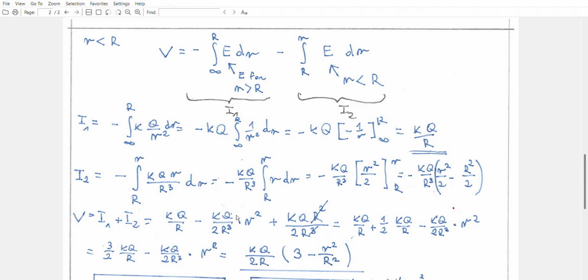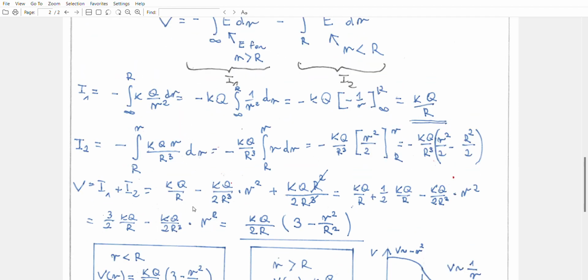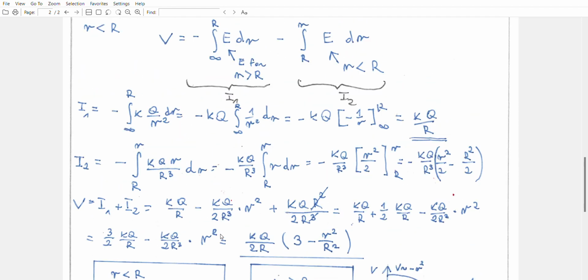And after summing up, you can find that the first term is much simpler, because capital R will cancel out here, and you end up with such an equation: kQ by R plus half of the same. It means it will be 3 by half of this term minus this term. And this is what I said here.